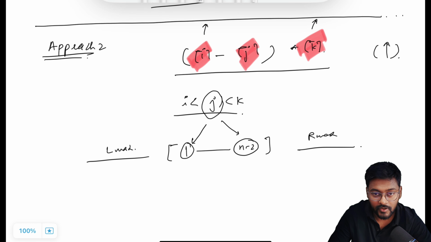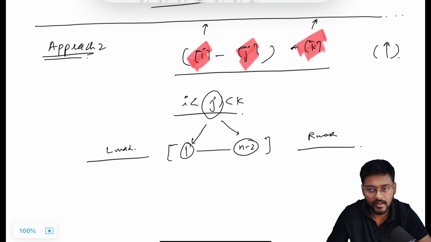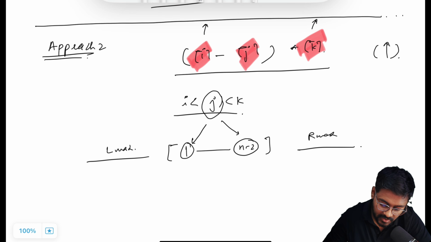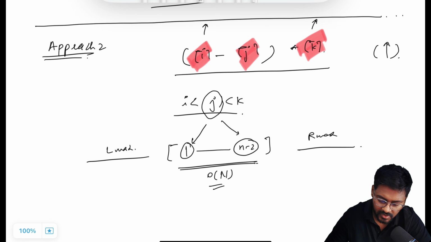Try to pick the maximum value of i, and the minimum value of j, and I'm sure that i should be on the left side of j, and on the right side of j is k. So the j range goes from this to this, that is around n possibilities.